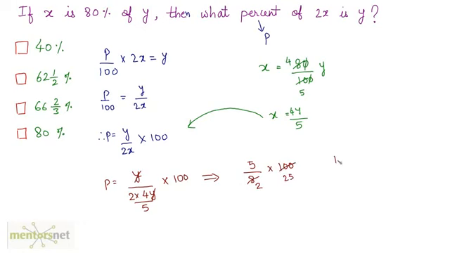So I have 5 times 25 is 125 by 2, and that will be equal to 62.5. And 62.5 is basically 62 and half. So option B is the right answer.